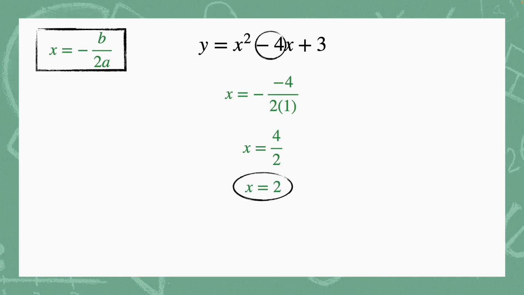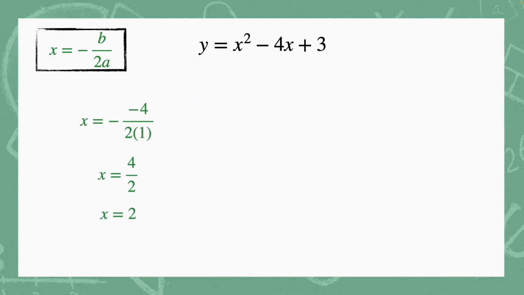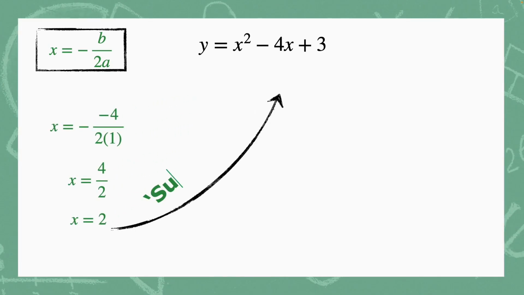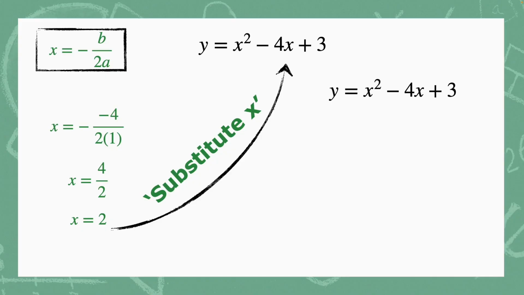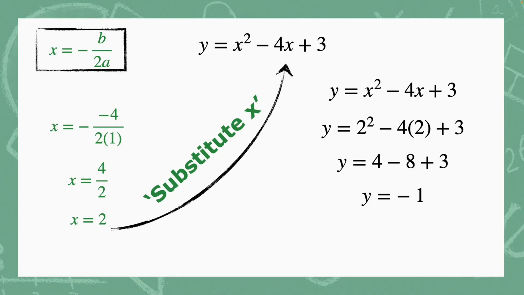My second step is going to be to substitute that value of x back into the original quadratic equation to find the value of y. So anytime I see the letter x, I'm going to plug a 2 in instead. 2 squared minus 4 times 2 plus 3, which simplifies to 4 minus 8 plus 3, or negative 1.